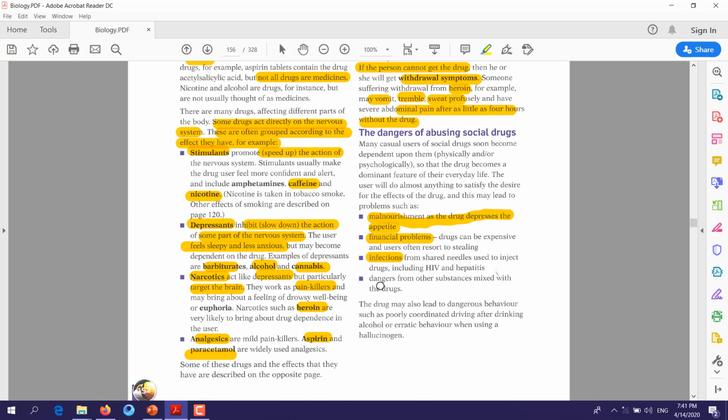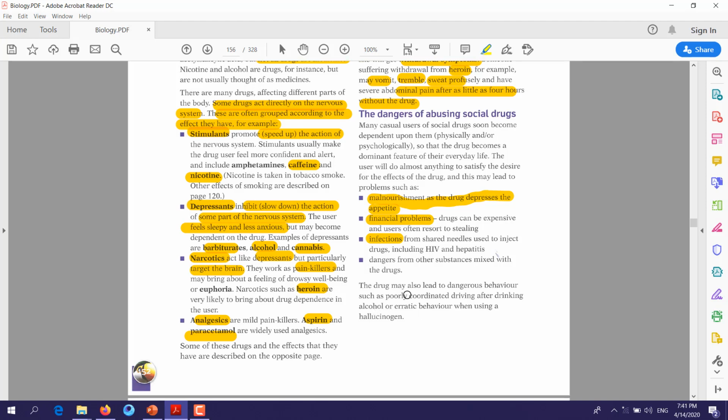Then there are dangers from other substances mixed with the drugs. If you take drugs and mix them with other substances, they may produce a very dangerous substance, and maybe it causes death.